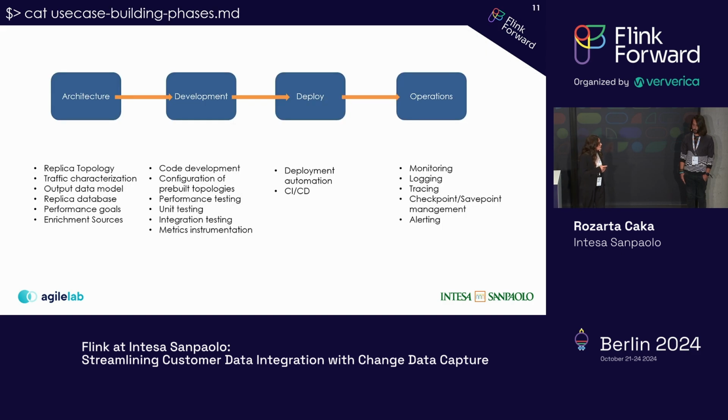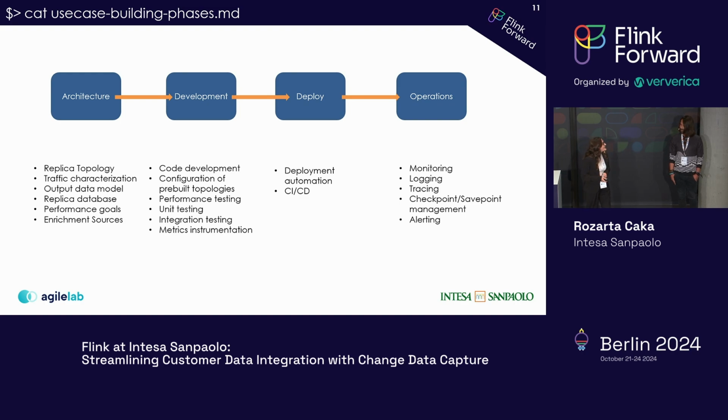And this is how we build the pipeline. First of all, we think about the architecture: what the replica topology is, the traffic characterization, the output data model, and what kind of database replica we need to write the data to. Then we develop the job and test it.